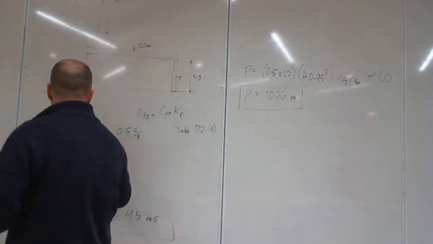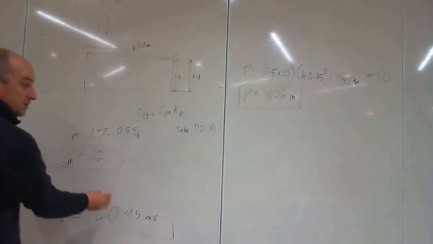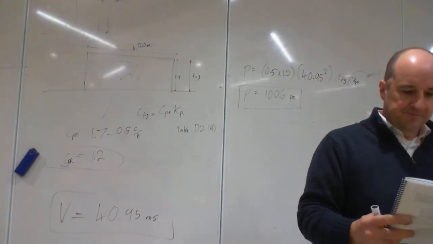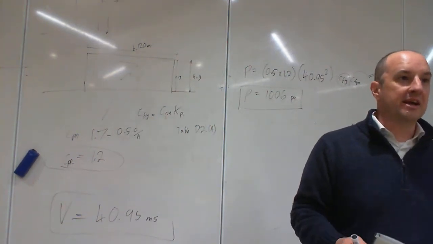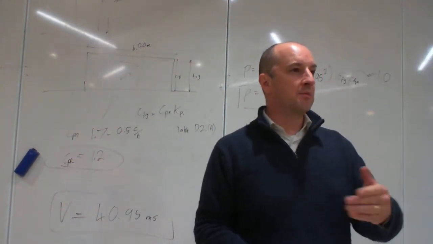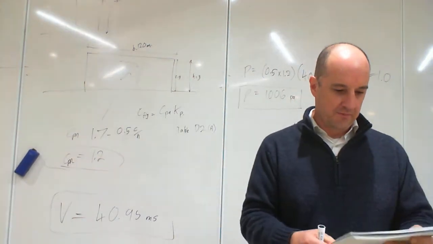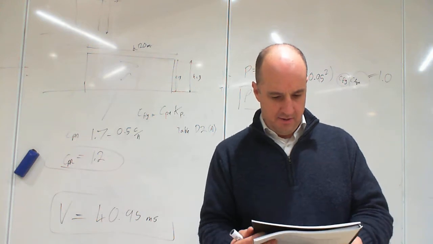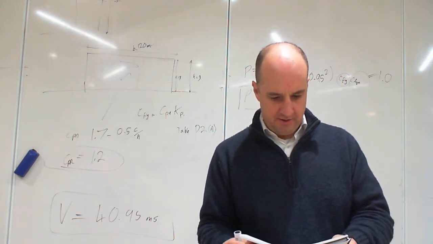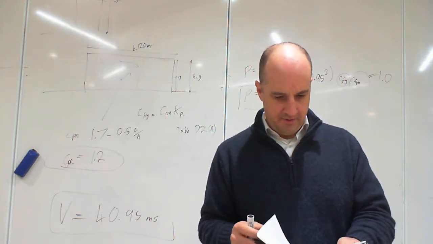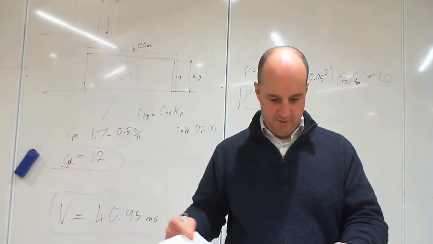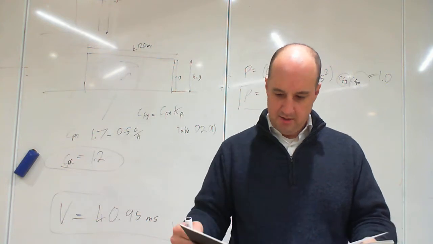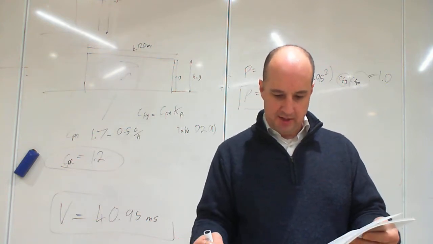Okay? CPN is 1.2. Everyone happy with that? You can do it again for when the wind blows at 45 degrees to the wall if you want. And the local pressure factor, that's 1. Your K factor is going to be 1 in this case.